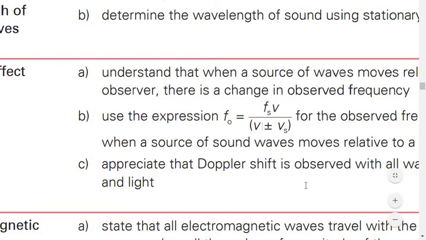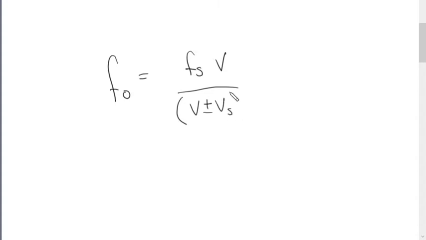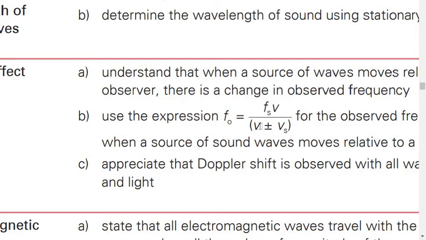So FO is equal to FS V divided by V plus minus VS. Let's check the equation again: FS V divided by V plus minus VS is equal to the observed frequency.